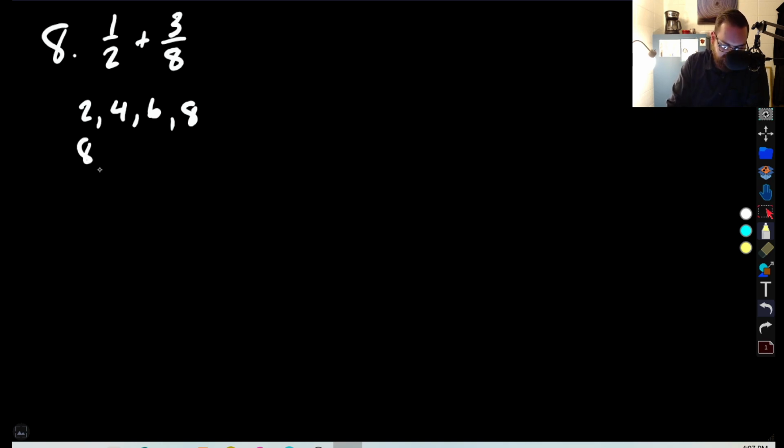So it looks like right here, that is going to be the number that we are going to have as our common denominator. Now, the first one, the 1/2, how many numbers out did we go? 1, 2, 3, 4. So that right there is going to be the number that I multiply the top by, and the bottom is going to be 8.